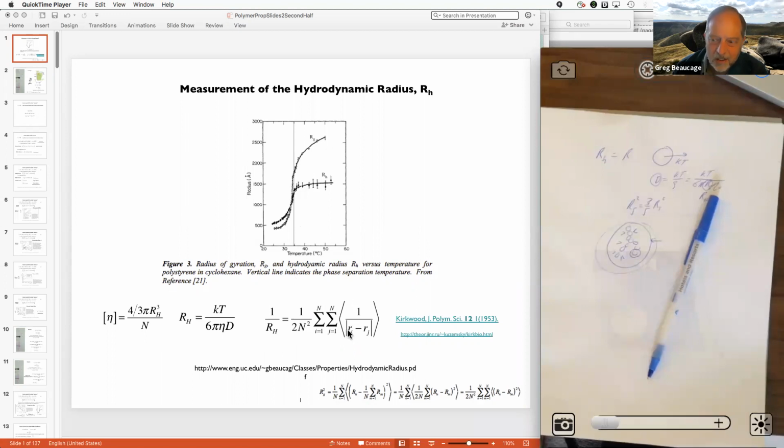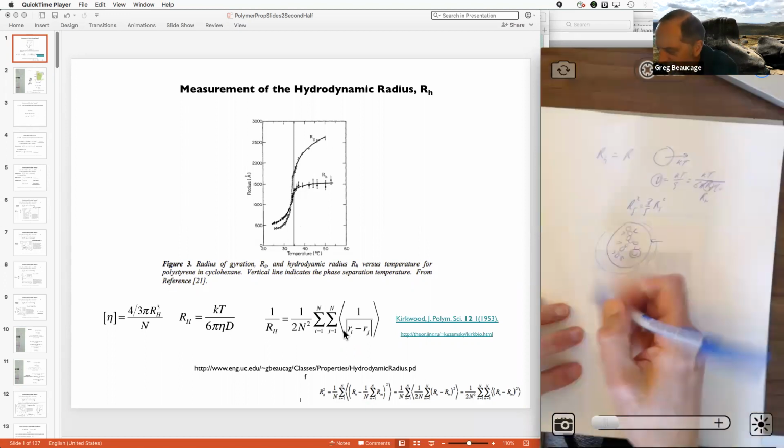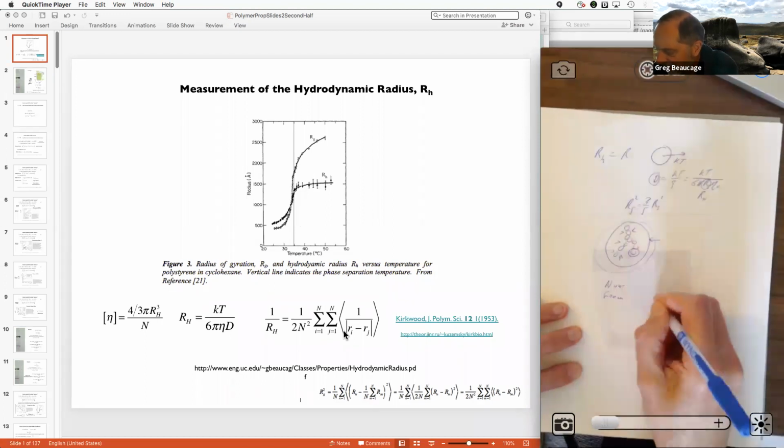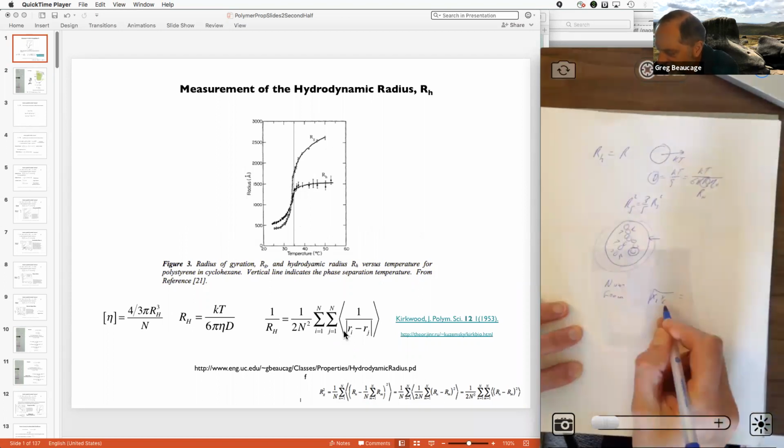inverse summation is called a, let's see, the kinds of means are numerical means, geometric means. Geometric means you have x1, x2, square root to get the geometric mean.